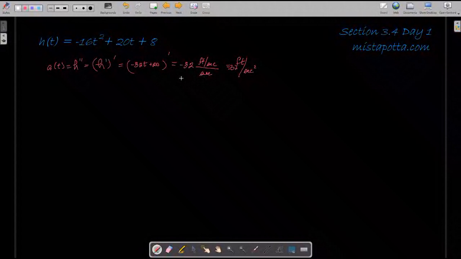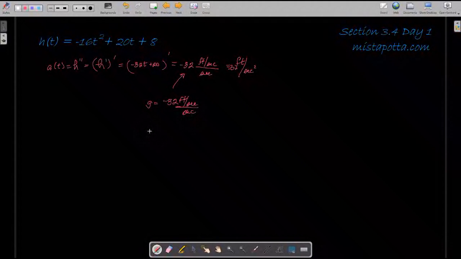And for those of y'all who've done a little bit of physics, this negative 32 is my acceleration constant when I'm dealing with English units. 32 feet per second each second.